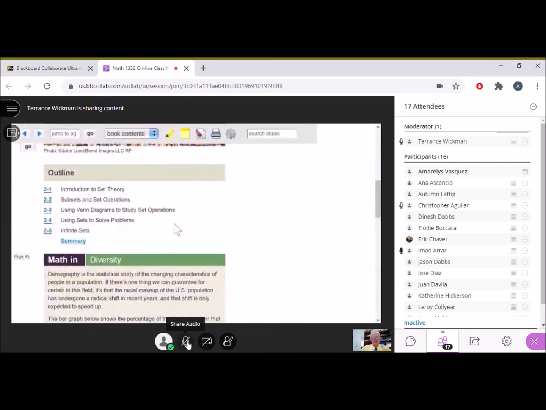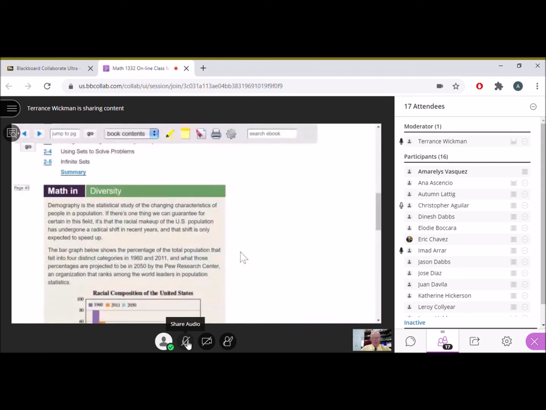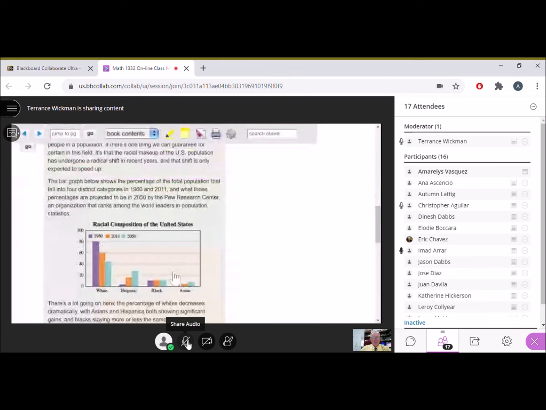Set theory. Now this is a whole different ballgame. Let's just talk about populations in the United States. As you can see, they're shifting. In 1960, the populations were such: Hispanic, and so on.